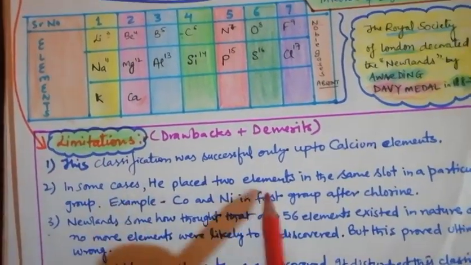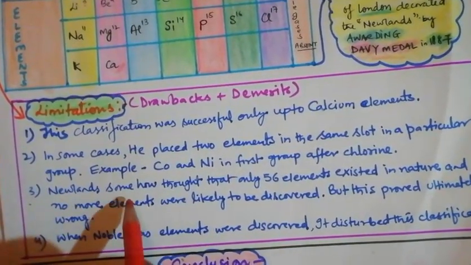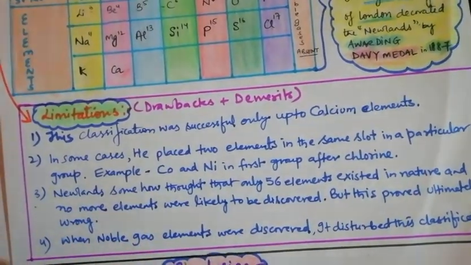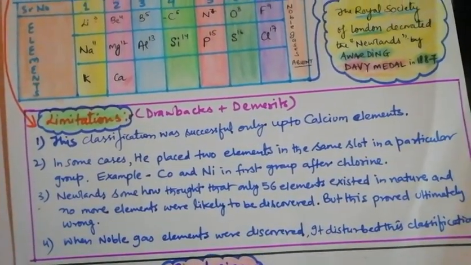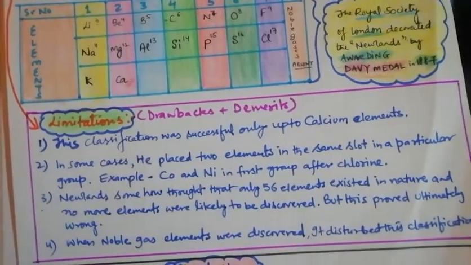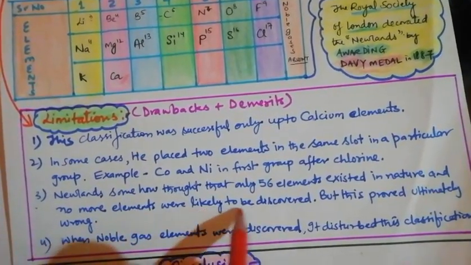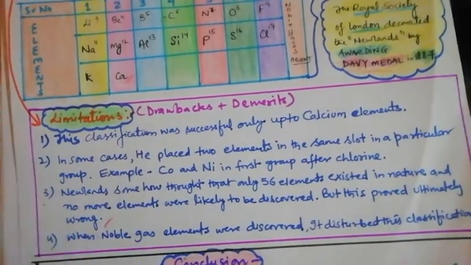After potassium, there are cobalt and nickel. Third, Newlands somehow thought that only 56 elements exist in nature. But right now, more than 100 elements are discovered. He thought no more elements would likely be discovered, but this proved ultimately wrong.